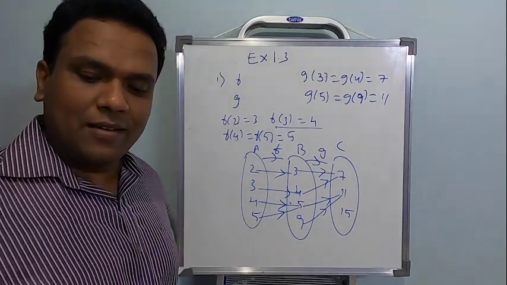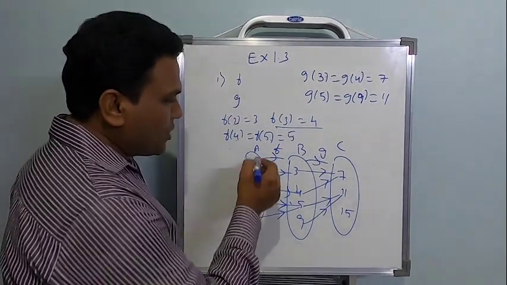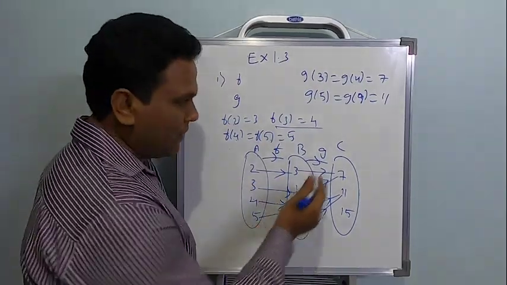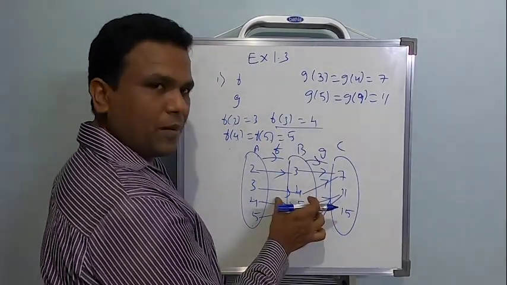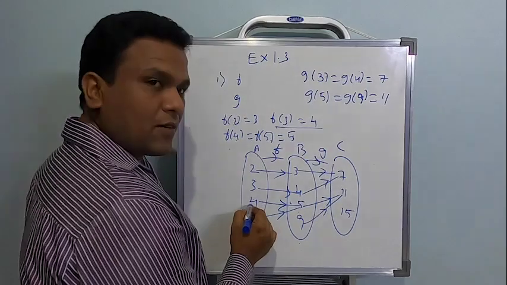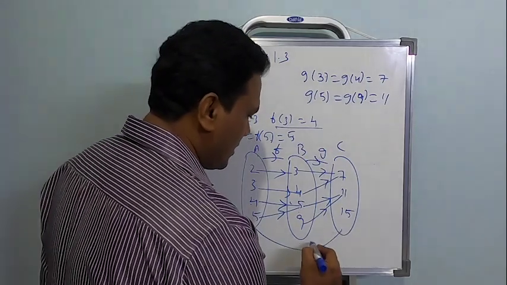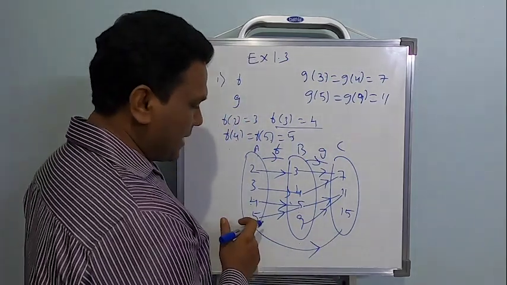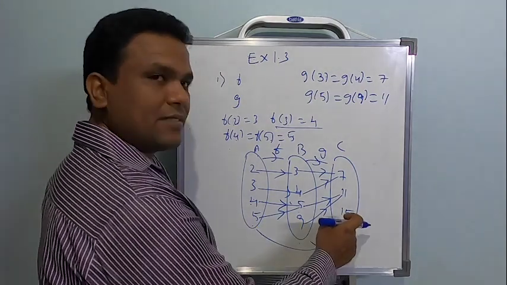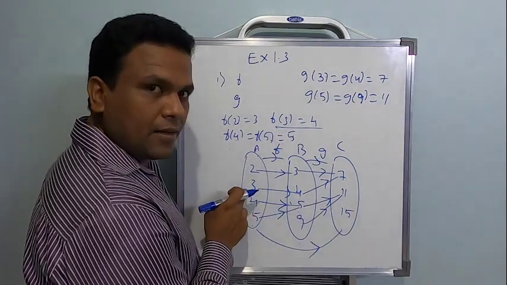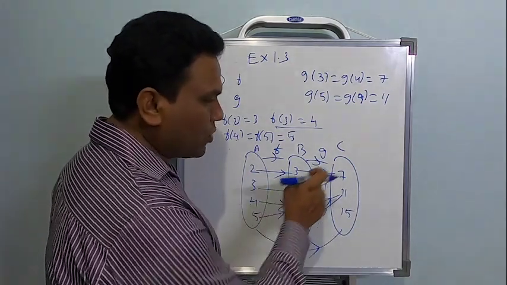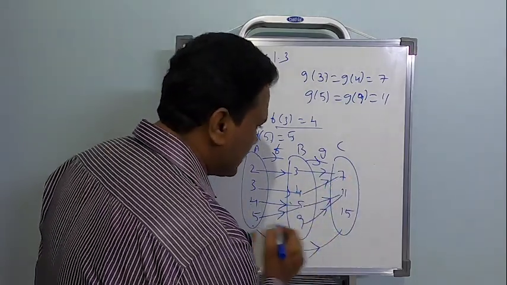What we need is the image of 2, 3, 4, 5 in C, not B. That means I should start from A and reach C, but I cannot start at A and reach C directly. Start at A, go to B, and through that go to C.